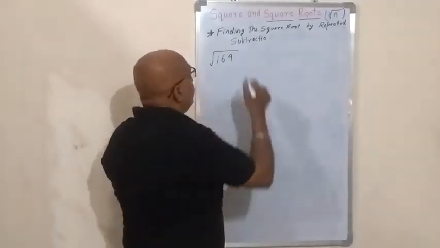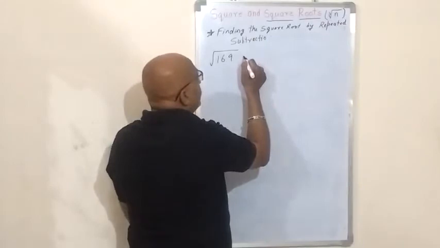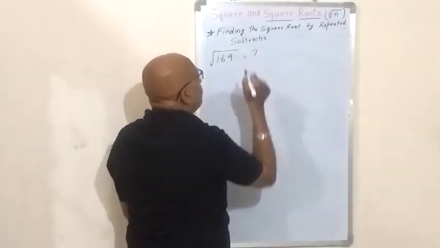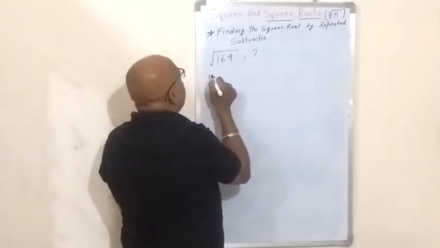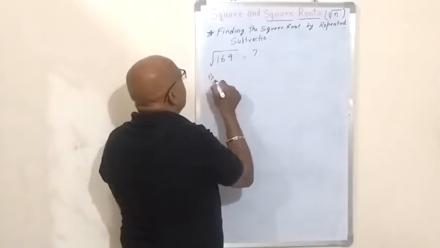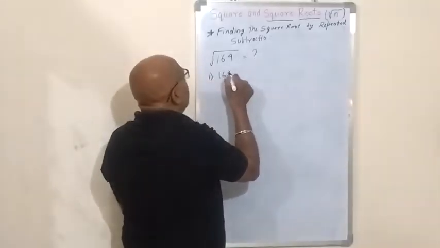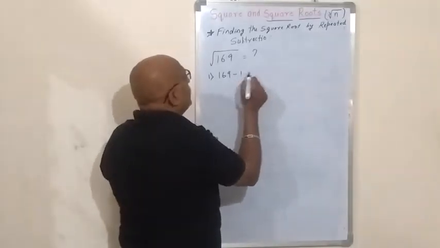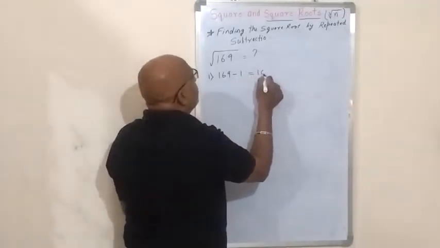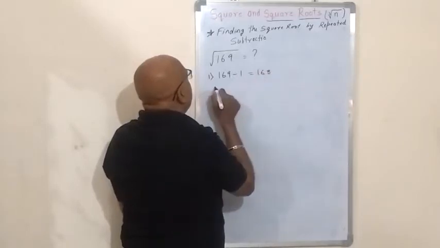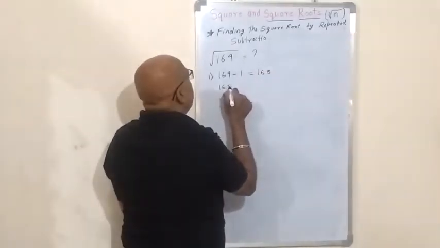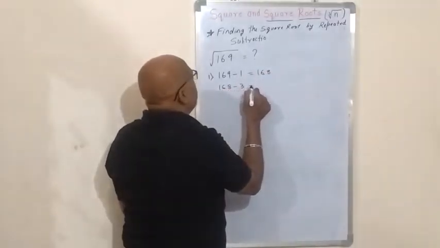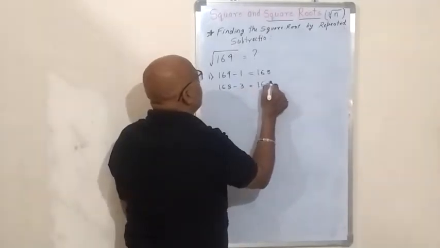By this method, the first step is 169 minus 1, because 1 is the first odd number, we get 168. Then 168 minus 3 equals 165.